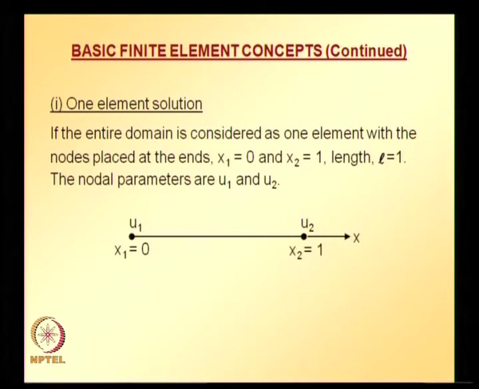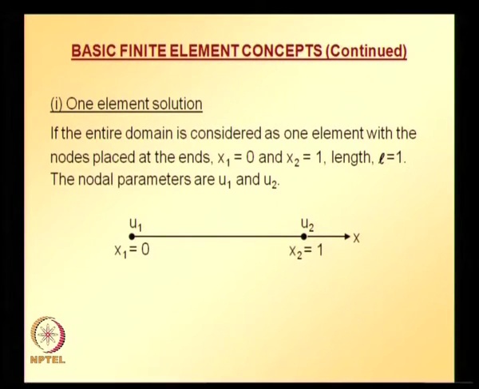If the entire domain is considered as one element with nodes placed at the ends of the domain, that is x1 equal to 0, x2 equal to 1, the length of the element is 1. The nodal parameters or the unknowns to be determined are denoted u1 and u2. u1 corresponds to node 1, u2 corresponds to node 2.